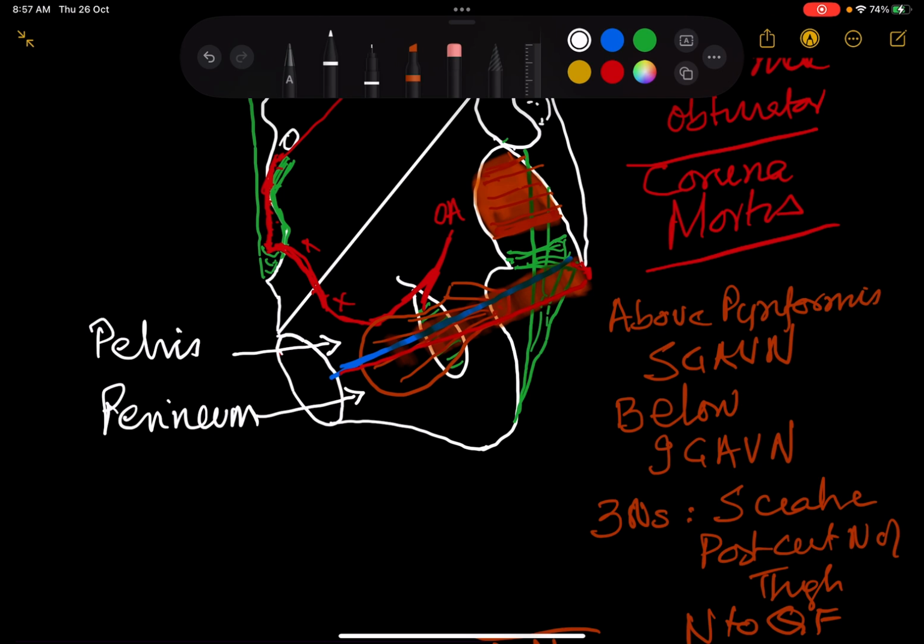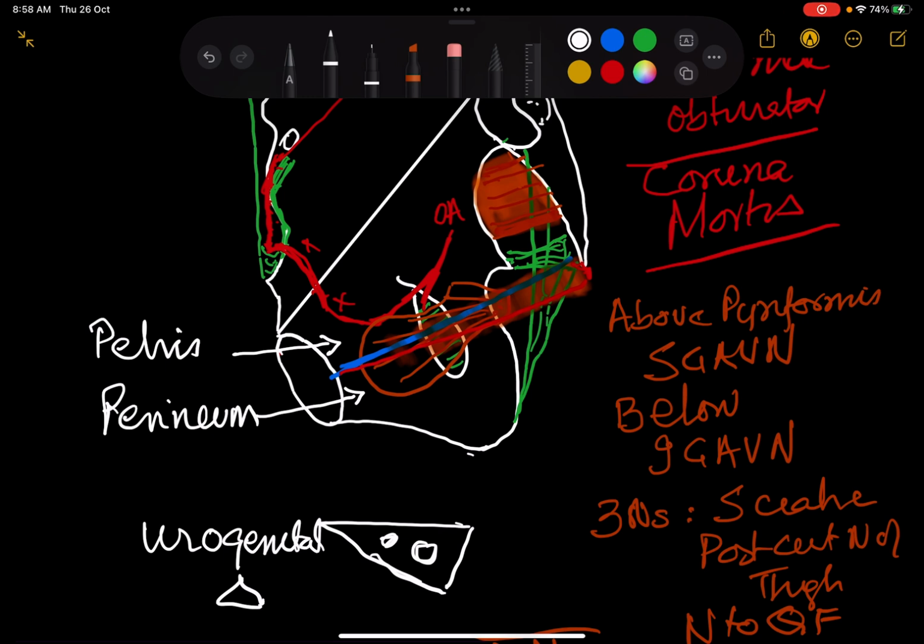It has a triangular part, which is this, through which escape the urine and the vagina. So it is called the urogenital triangle. It is bounded by a membrane which is called the perineal membrane.